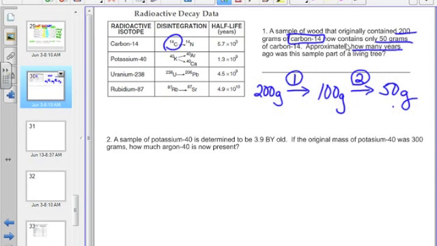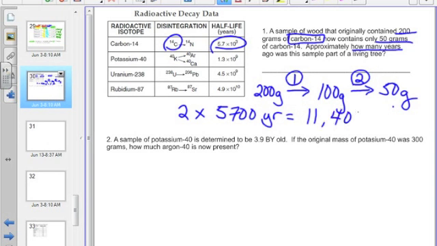That's great, but it's not a number of years. So let's make it years. If we say 2 times, how many years was a half-life of carbon-14? 5,700 years. We wind up with our final answer, which will be 11,400 years.